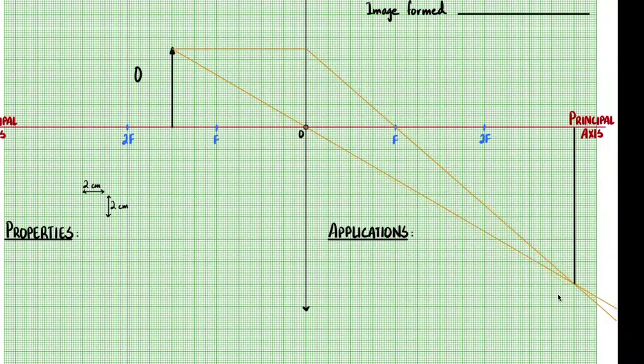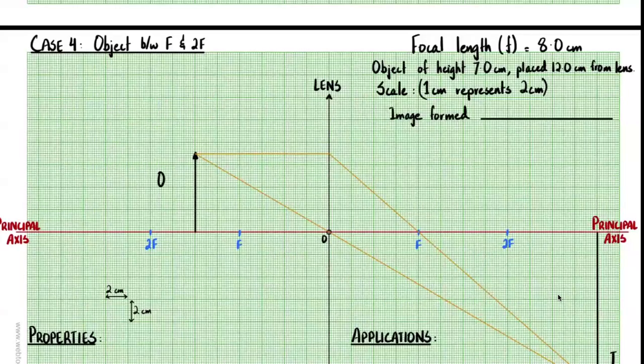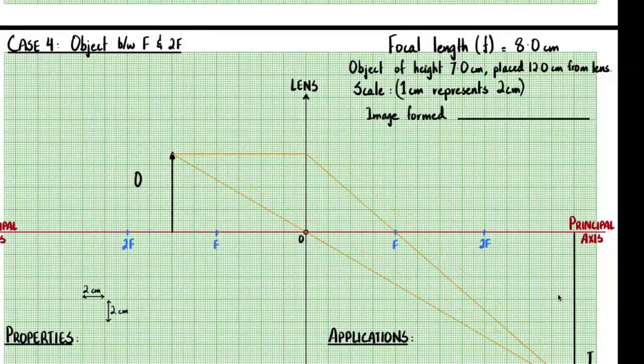All right, so making sure that they pass through those points accurately, this is where the image would be seen to be formed. All right, so where is the image forming now? So with the object between F and 2F, the image forms beyond 2F. Again, properties.